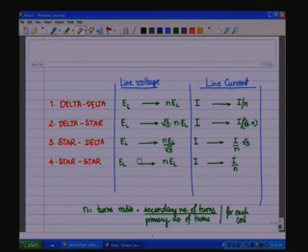the star connection. Of course, for the same power, the line currents will be the same, but the phase currents in the case of the star will be higher compared to the delta. So, that is where the compensation is.